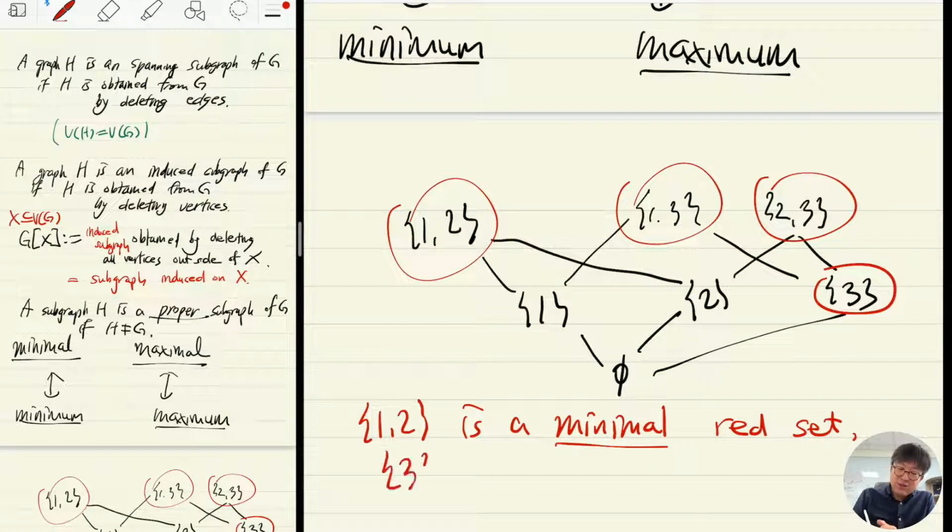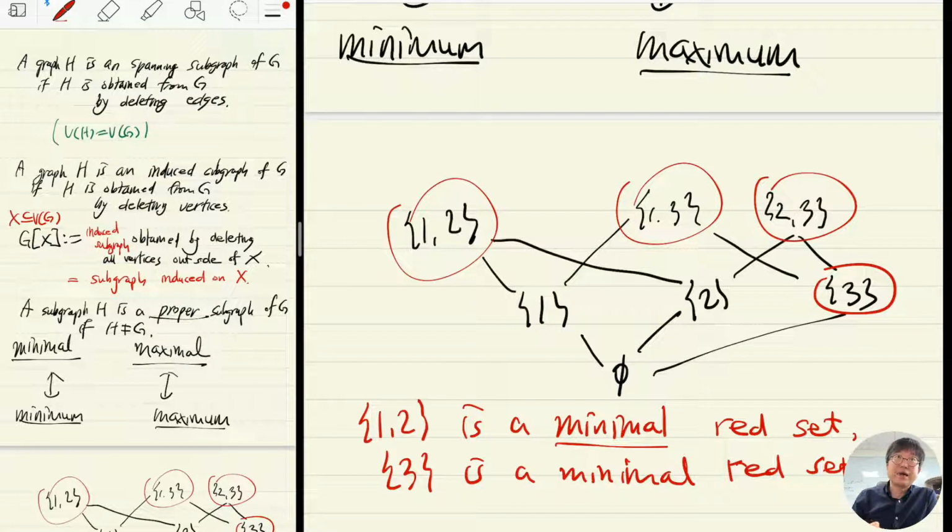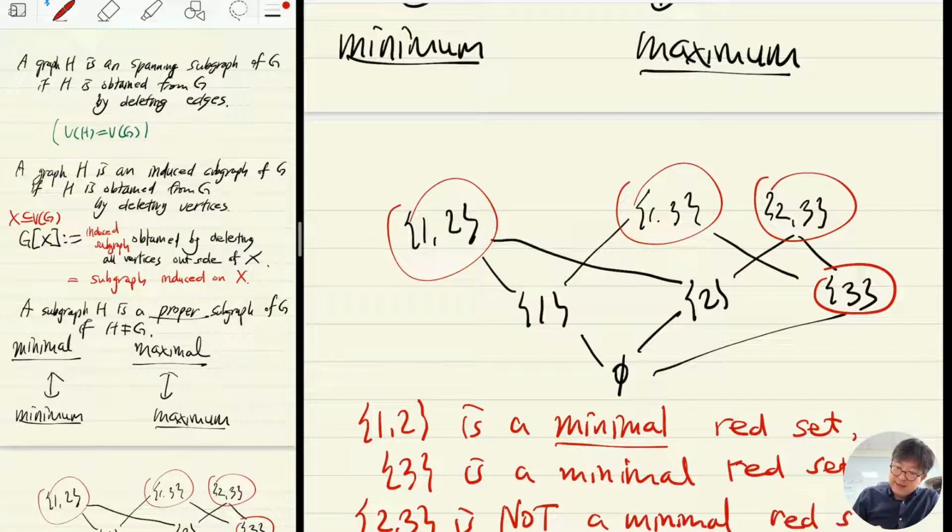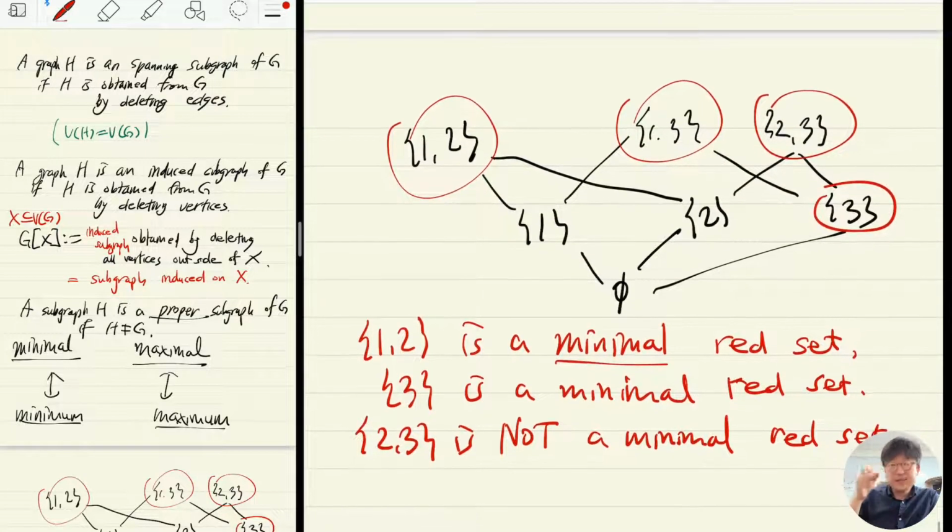And 3 is a minimal red set, because 3 is red and the empty set is not red. And 2, 3 is not a minimal red set, because 2, 3 is red, but 3 is also red.